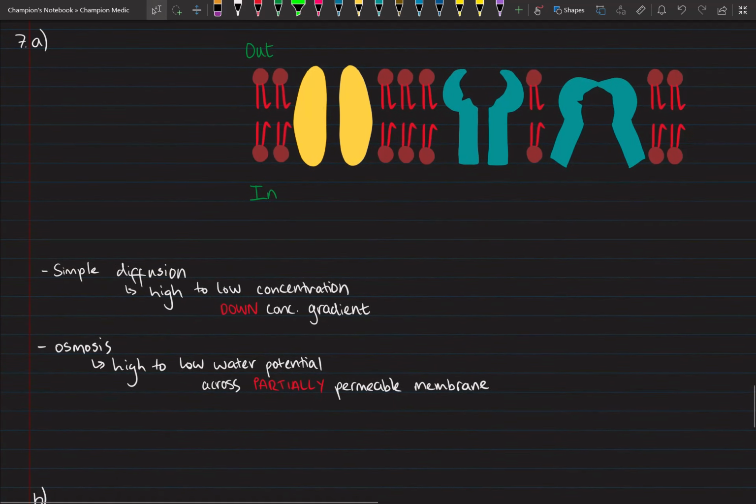So your next process is going to be active transport. Active transport takes place the opposite way. It goes against the concentration gradient, from an area of lower concentration to an area of higher concentration. I'll just put that over here so it's clearer.